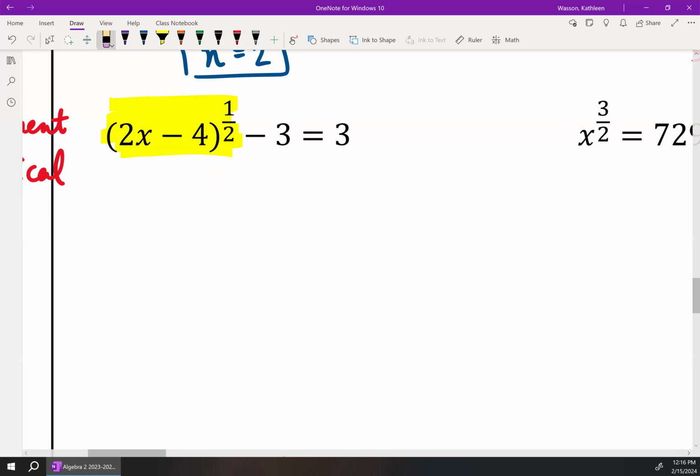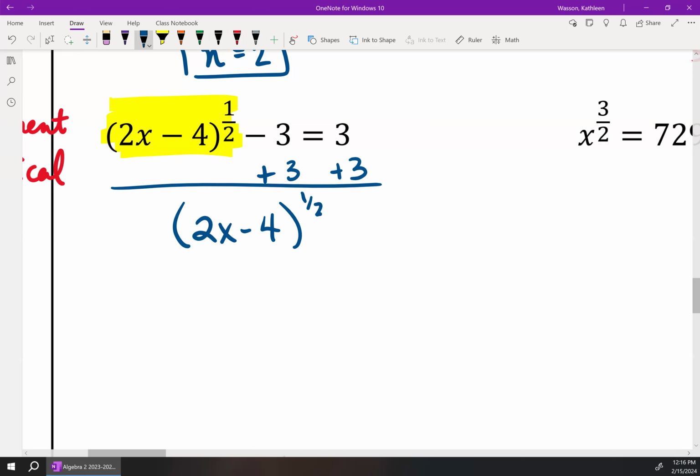I would isolate the part that has the exponent. So I add 3. And now I have 2x minus 4 to the 1/2 power equals 6. And I need to take the exponent off.